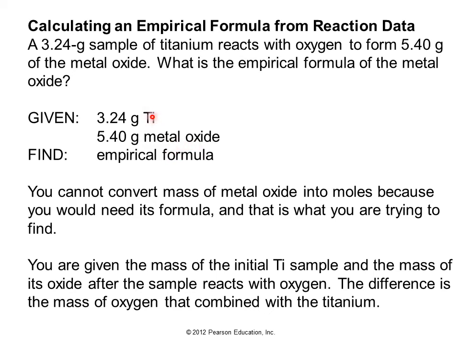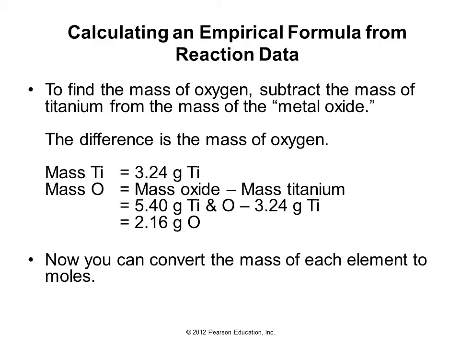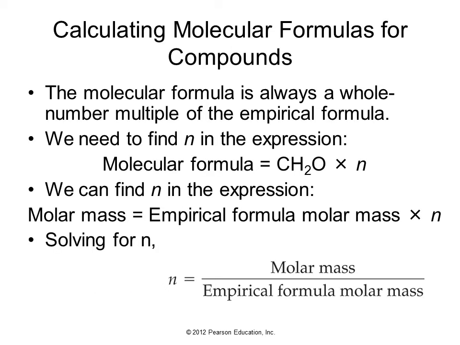So you have the mass of titanium and the mass of titanium oxide. If you subtract the mass of titanium, you'll get the mass of just oxygen. So now you have the initial mass of each element, of titanium and of oxygen. This shows you that calculation. Now you can convert the mass of each element into moles.